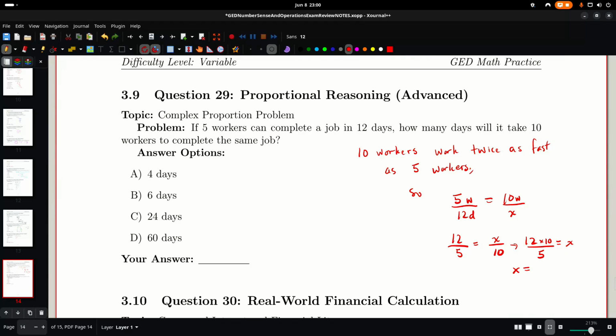And so, let's see here, 5 workers. No, I think I might take a different approach here. I think maybe there's a problem with my logic here. 5 workers complete the job in 12 days. How many days take the job?